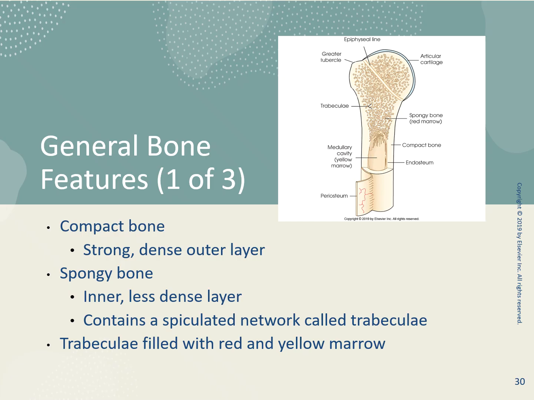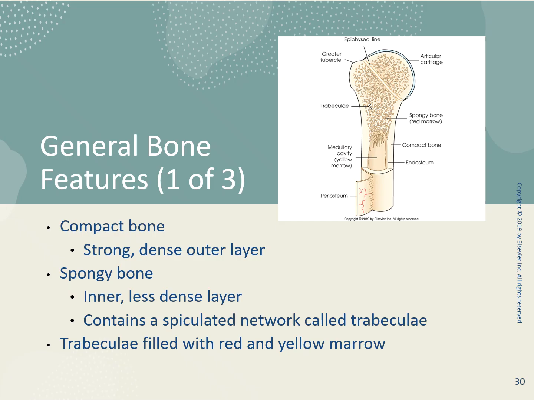All right, bone features. Now this does dabble into a little bit of what you find in your structure and function book. But we do need to mention these structures, in particular the trabeculi, because we can see some of this stuff on the radiographs when we take them.